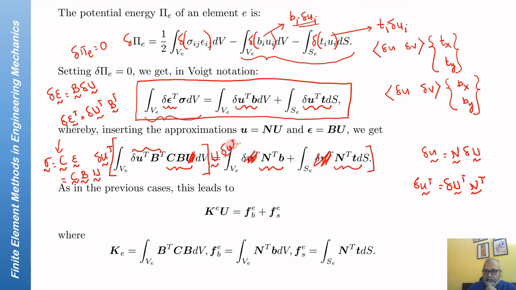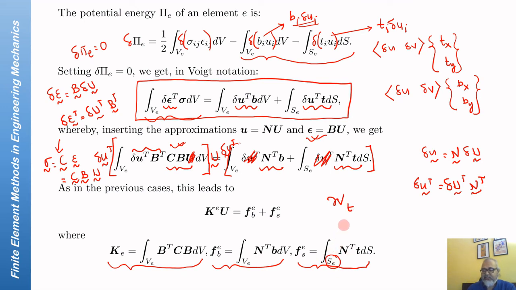Since delta U transpose is arbitrary, we must have this equal to this, and the integral of B transpose C B will give me my Ke, the local stiffness matrix for this element. This would give me the body force vector, the nodal equivalent body force for this element, and the nodal equivalent surface traction, which will come into play if SE shares a boundary with delta VT.